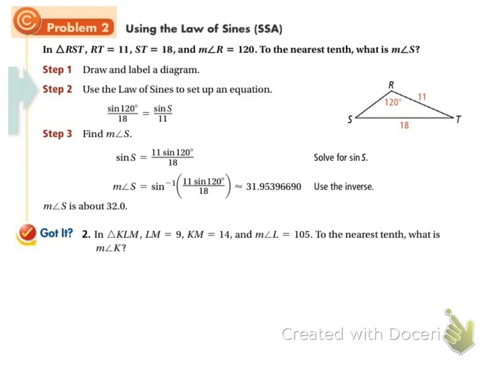Okay. Let's try another one. This one, they're just giving us a description and not actually giving us a picture. So I will draw this picture. Guarantee it won't be to scale, but K, L, and M. It says LM is 9, KM is 14, angle L is 105.